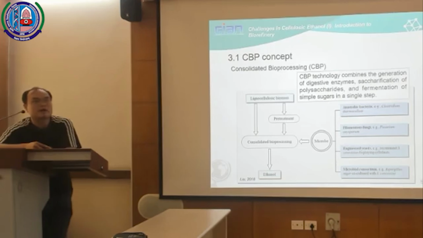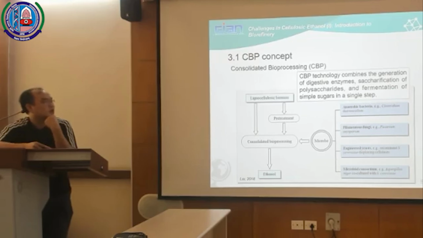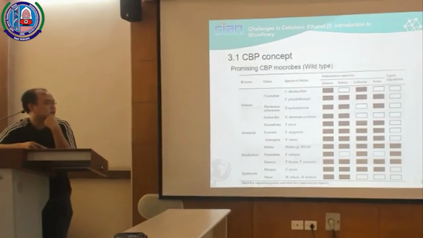The most famous bacterium for the CBP purpose is Clostridium. For the fungi, we have white rot fungi, which is used for lignin degradation here.